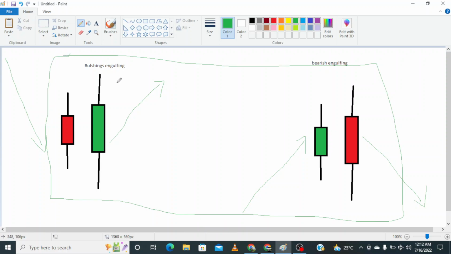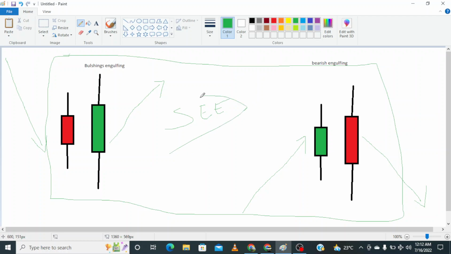Knowing this is fine, but if you can spot it, I mean, if you can see it happening on the chart, then only you can make money out of it.